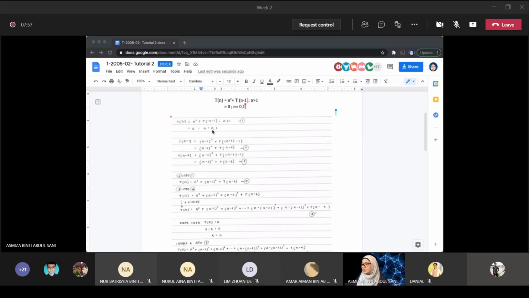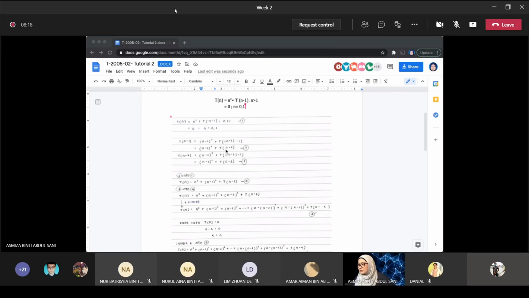The next step is to find what T(n-1) is. T(n-1) is (n-1)² + T(n-1-1), which equals T(n-2). This one we call the second equation.